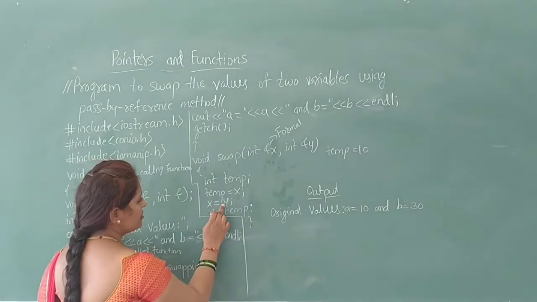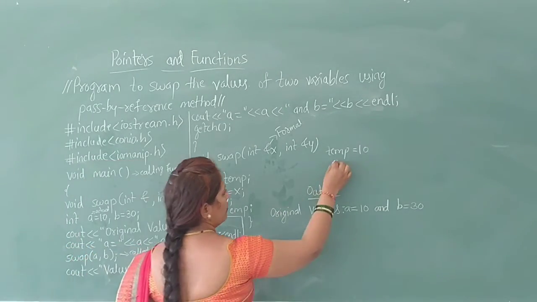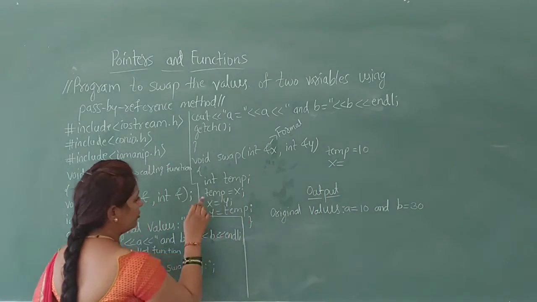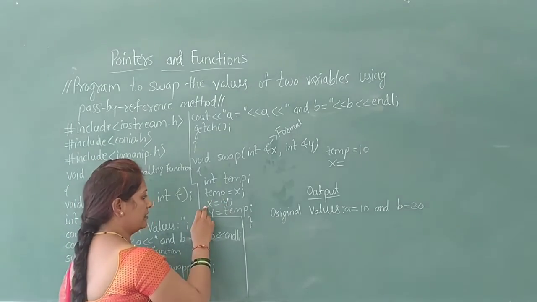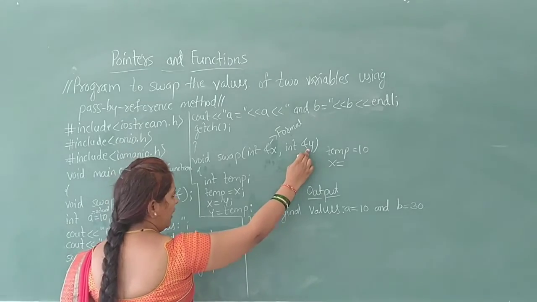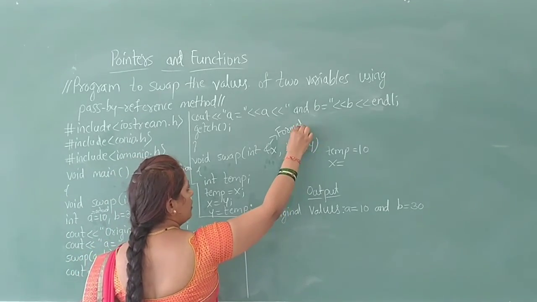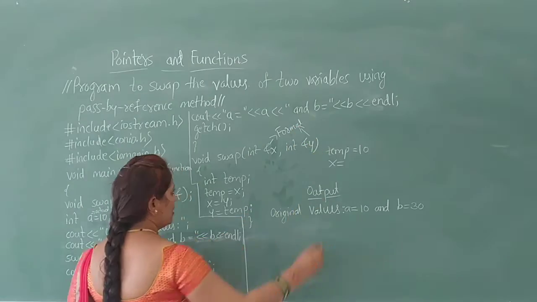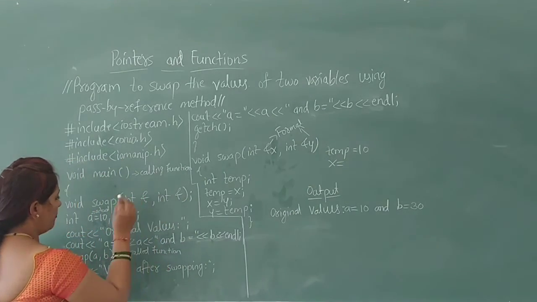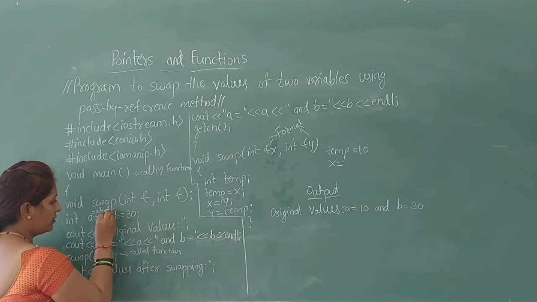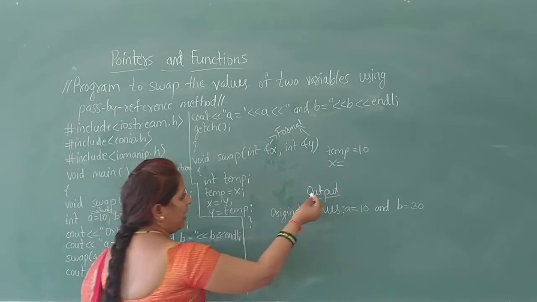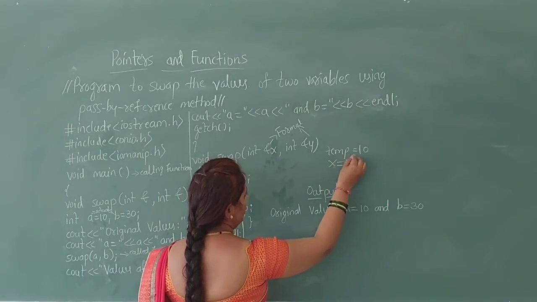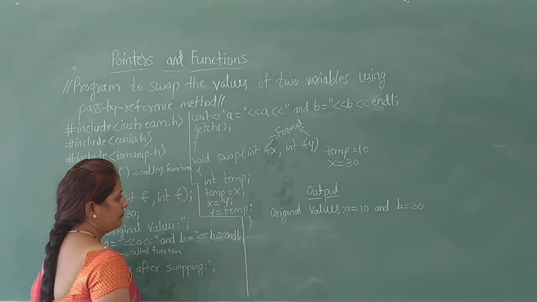Next, x is equal to y means the y value is assigned to the variable x. Then y is called a formal argument and it references the value from the actual argument, that is b. The b value is 30, so the y value 30 is assigned to the variable x.